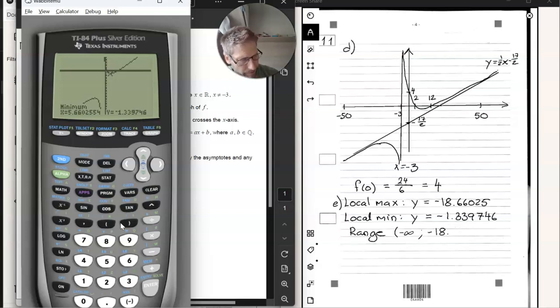Well, 3 significant figures, 18.7, and this one is included because we actually get that value. And then you can use this symbol to say also united with the values from minus 1.34 all the way to infinity. And that's the beautiful range of our function.